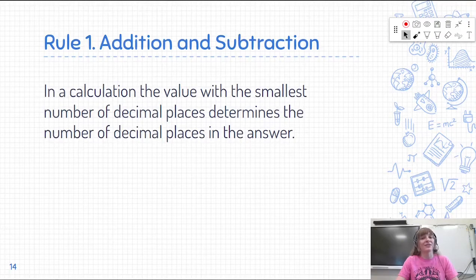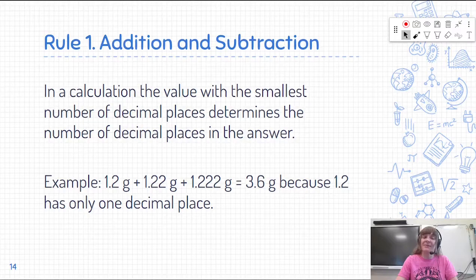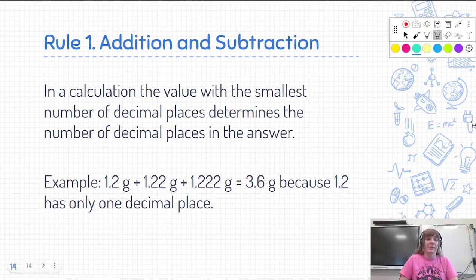So, first rule involves addition and subtraction. In a calculation, the value with the smallest number of decimal places determines the number of decimal places in the answer. So here's an example. If we have 1.2 grams plus 1.22 grams plus 1.222 grams, our answer is going to be 3.6 because 1.2 has only one decimal place.